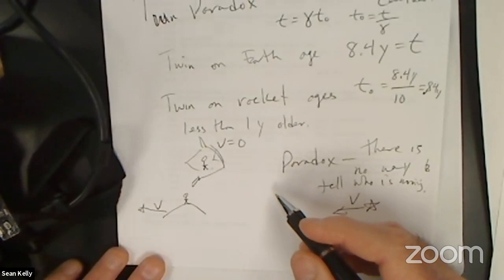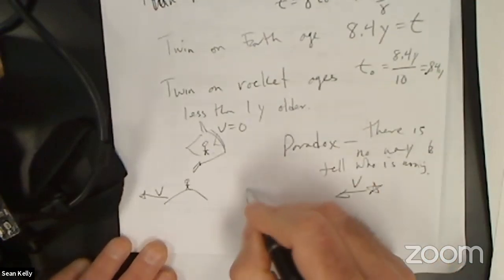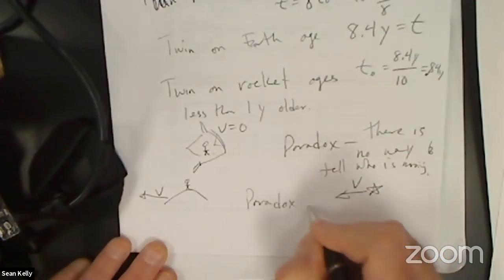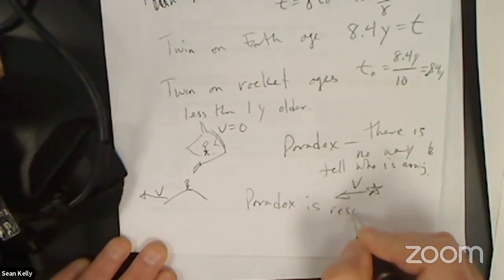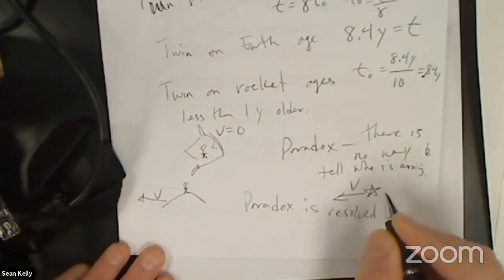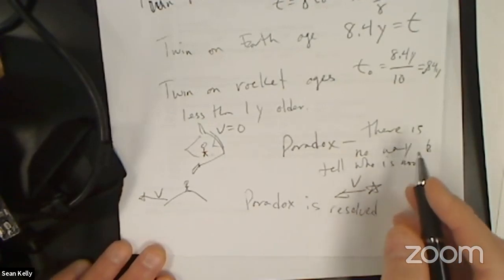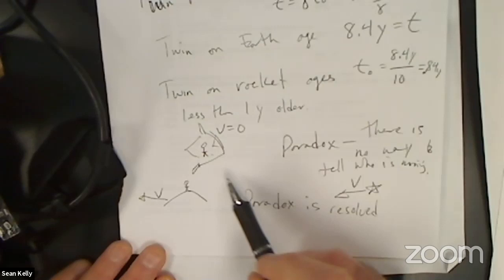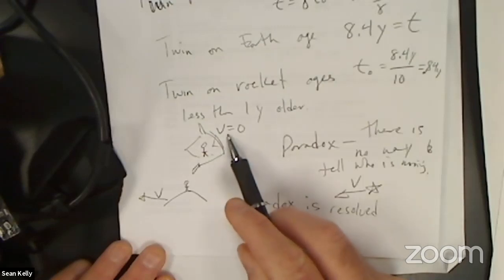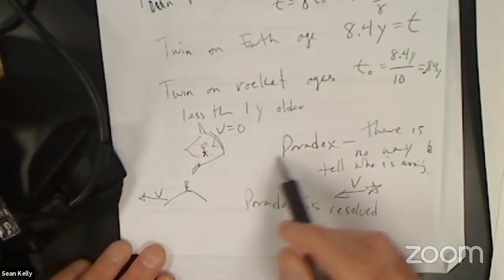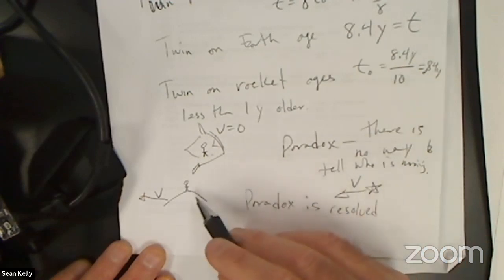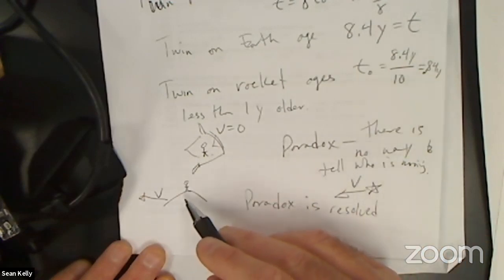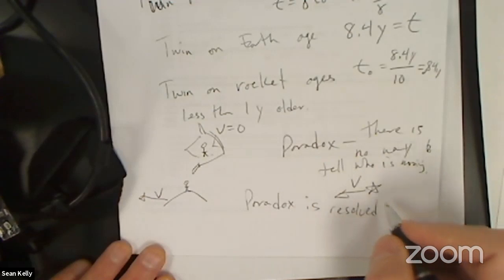Well, actually it isn't. The paradox is resolved if you know who's moving. And you know who's moving because somebody is going to accelerate to get up to speed, and somebody is going to have to turn around and come back, while somebody else won't feel any acceleration.